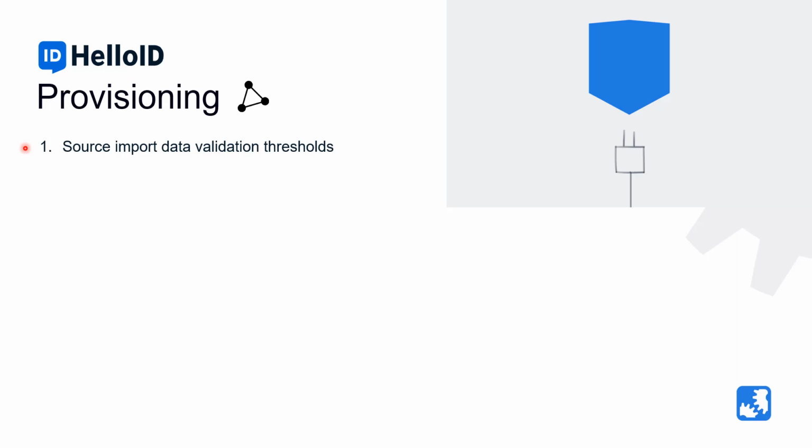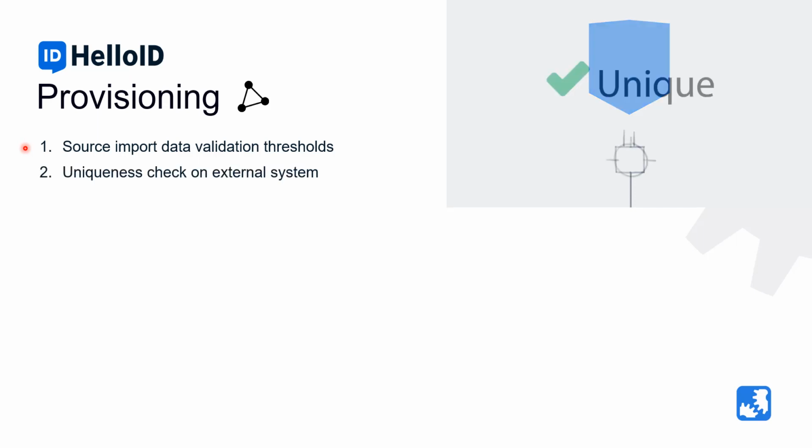You can also put a threshold if a lot of those records are not present, so then you can block the whole import of that source system. I think it's an important mechanism to prevent HelloID from making changes in the network that are not supposed to be done.